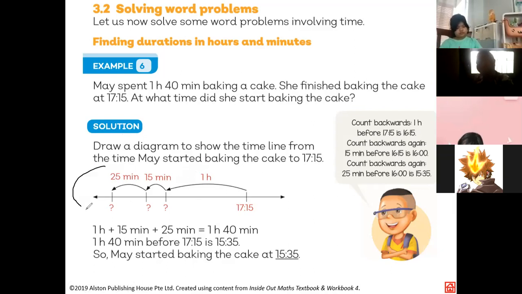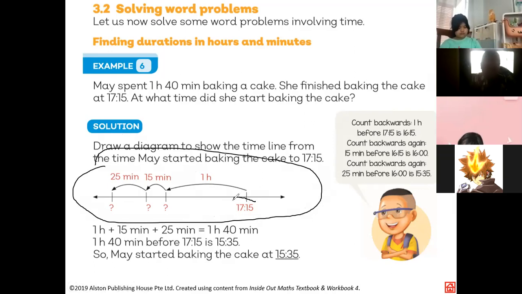So again, May finished baking at 17:15, right? And she spent 1 hour and 40 minutes in baking. So from here up to here, we will count backwards, okay?